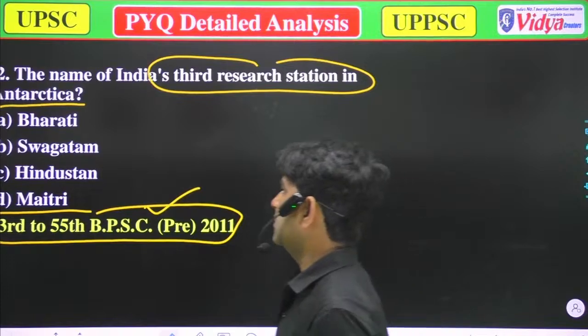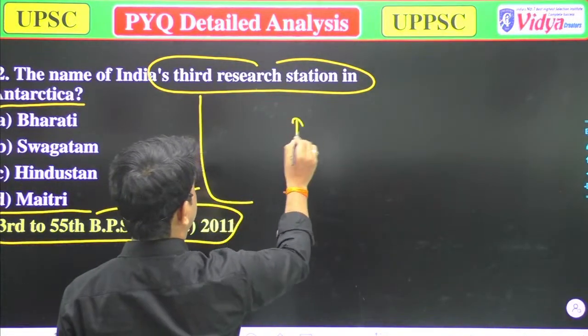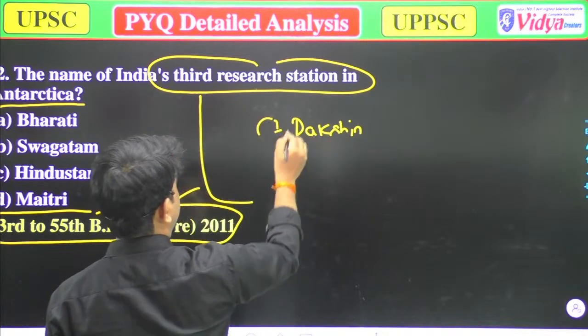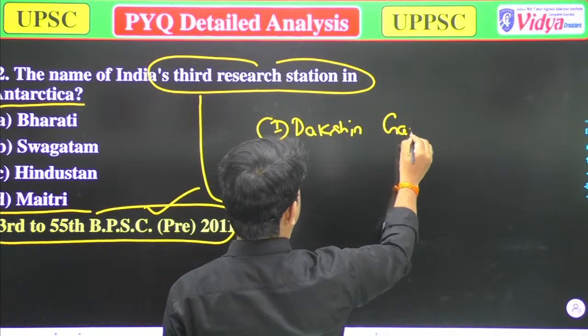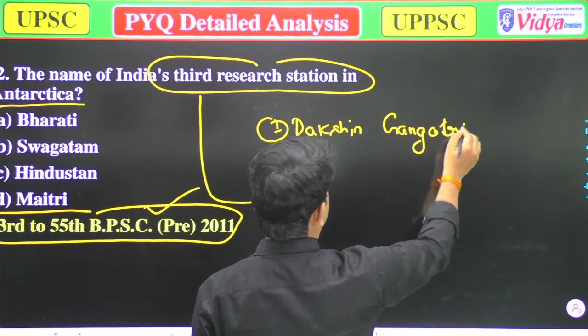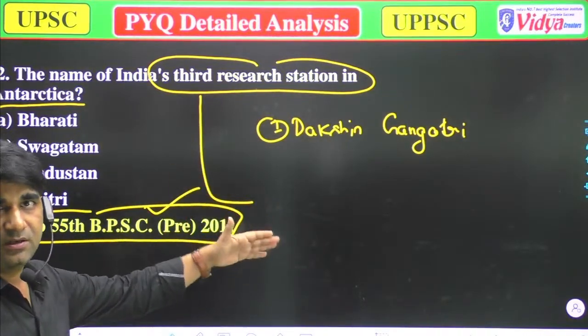Dakshin Gangotri was India's first research station in Antarctica.